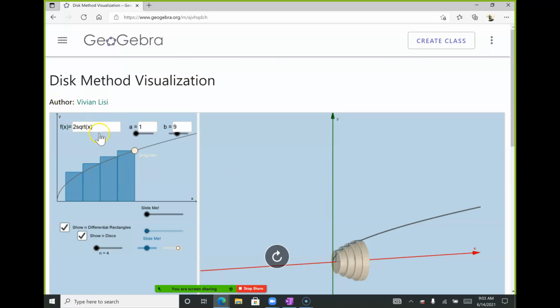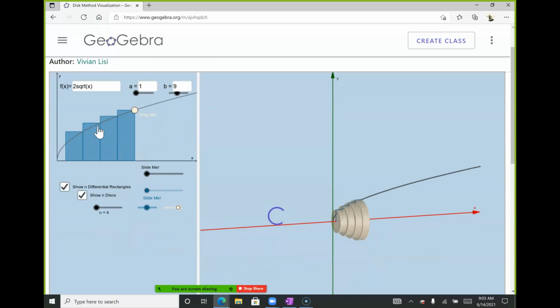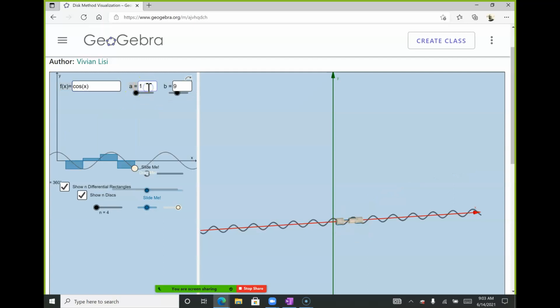This is by Vivian Lisi. And I'm putting in my cos of x, and my a value is 0.